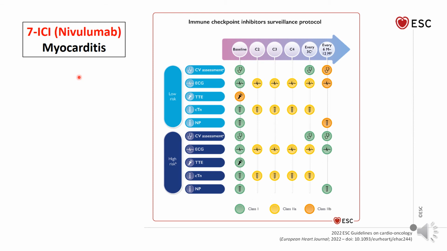So if we inhibit this brake, we have unopposed hyperactivity of T cells. This might cause myocarditis. Hence the importance of baseline risk assessment with echo and cardiac biomarkers, and also surveillance during therapy with a frequency that depends on the risk of the patient, especially with cardiac biomarkers.